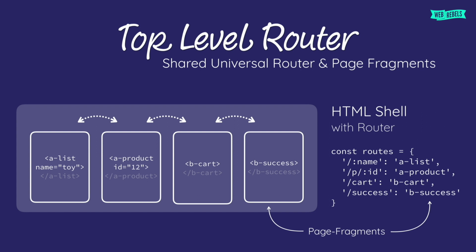And the common router will transfer control or swap out these fragments. This is one possible solution. You can also look at a framework or a library called single-spa. This is a ready-to-use library which has code examples for many frameworks. Yeah, it's a little bit of another approach, but could be interesting.